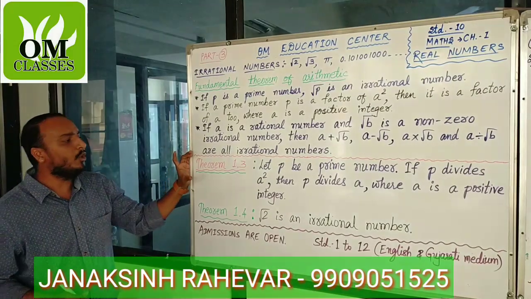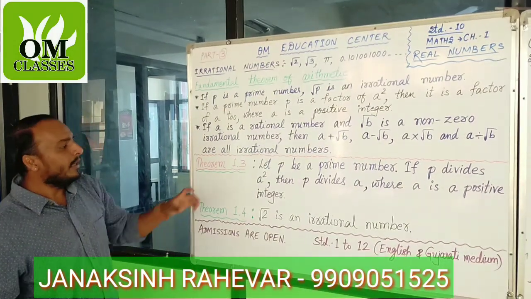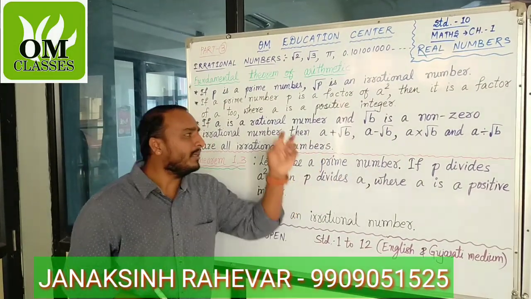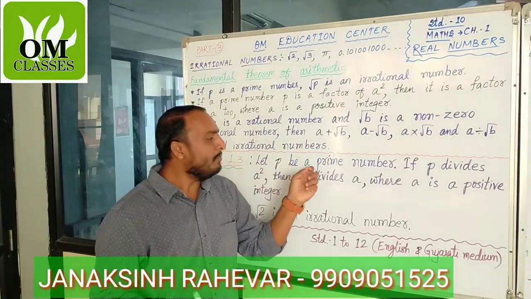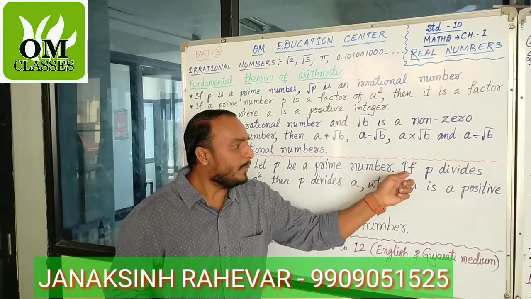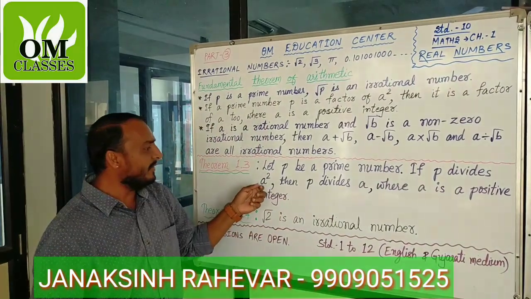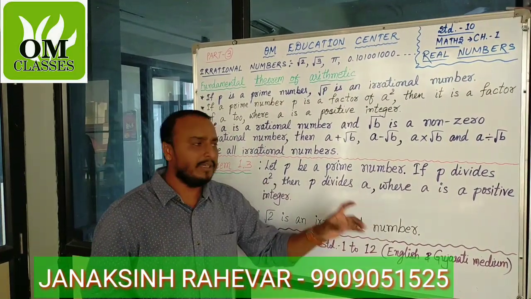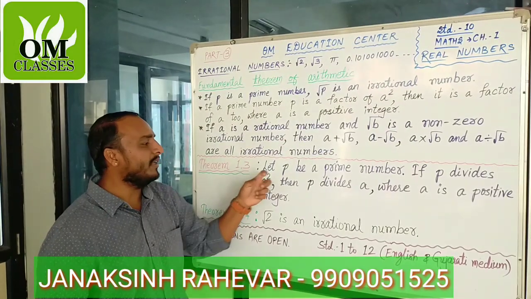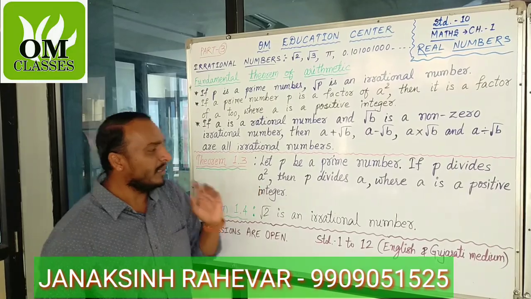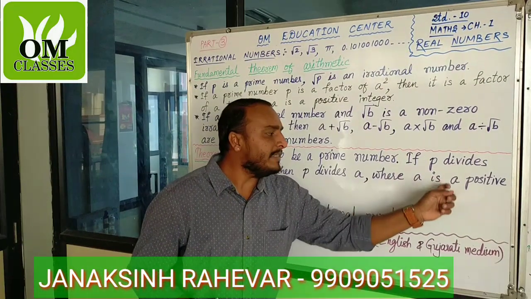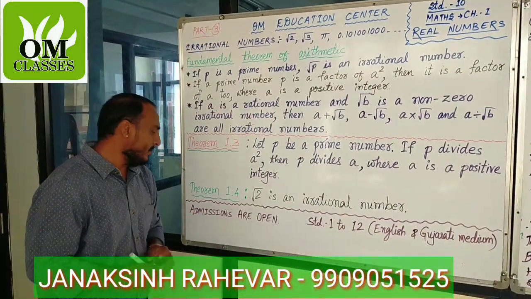Now let's move to theorem 1.3. Let p be a prime number. Second point, if p divides a square, then p divides a. Because p is a factor of a square, it will also divide a, which is theorem 1.3, where a is a positive integer.